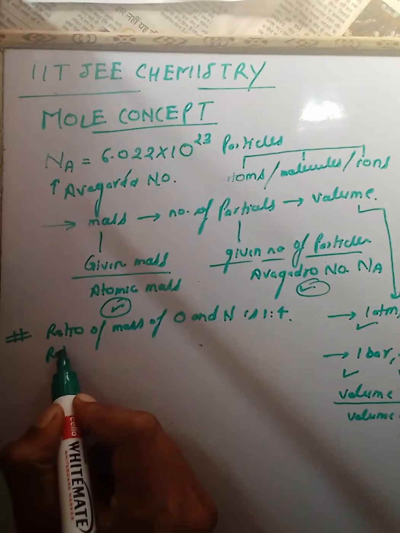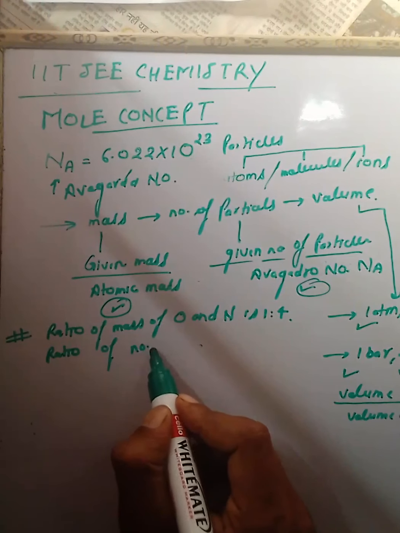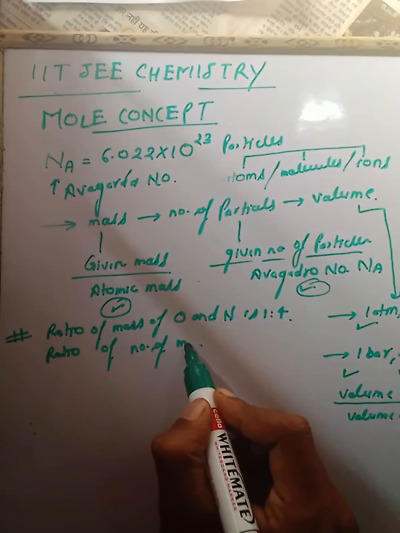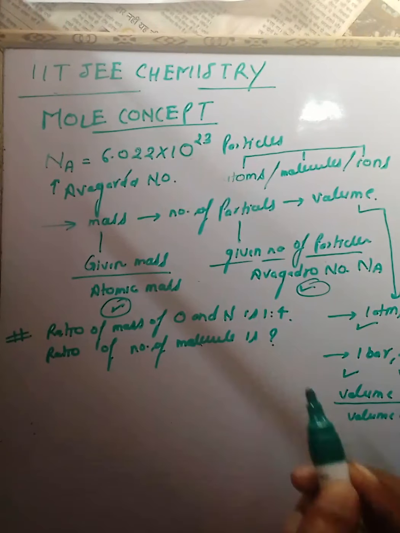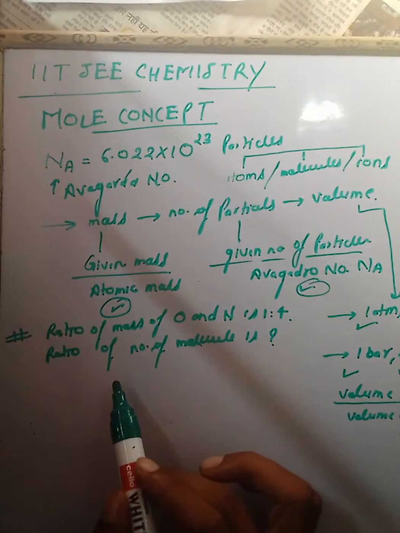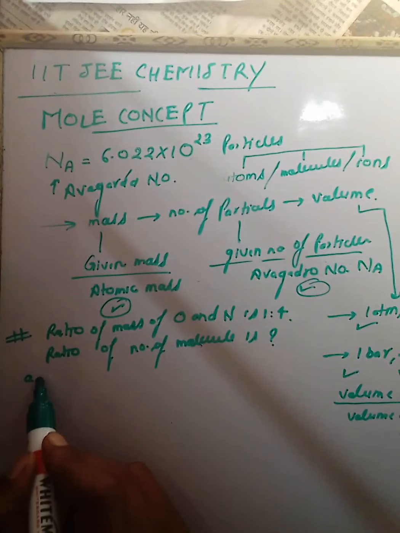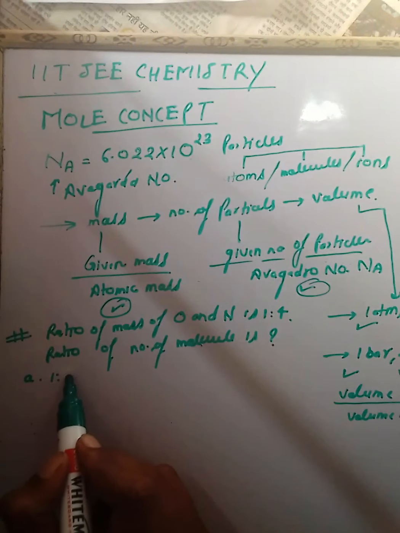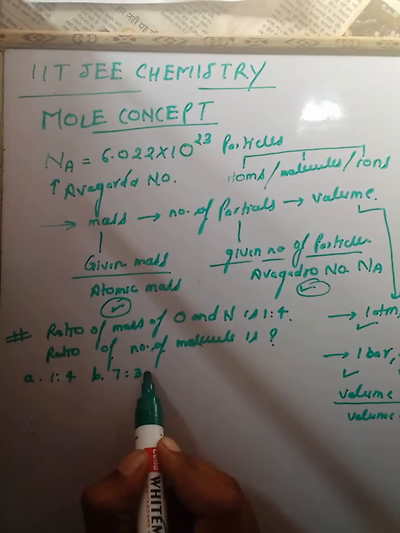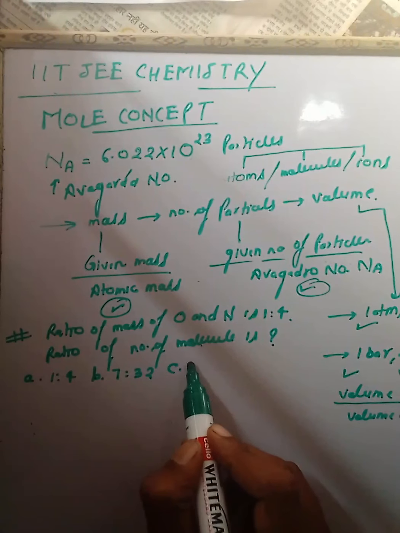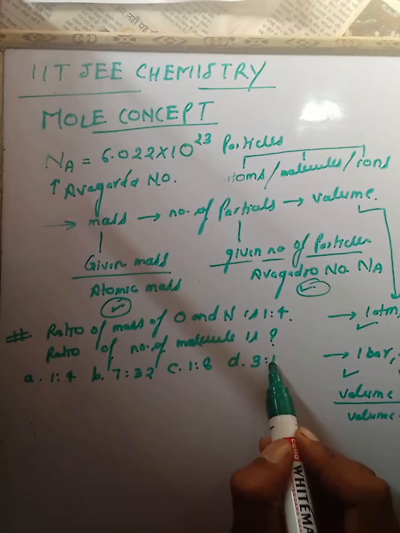The ratio of the number of molecules is? So we need to find the ratio of the number of molecules of oxygen versus nitrogen, and the options are 1:4, 7:32, 1:8, and 3:16.